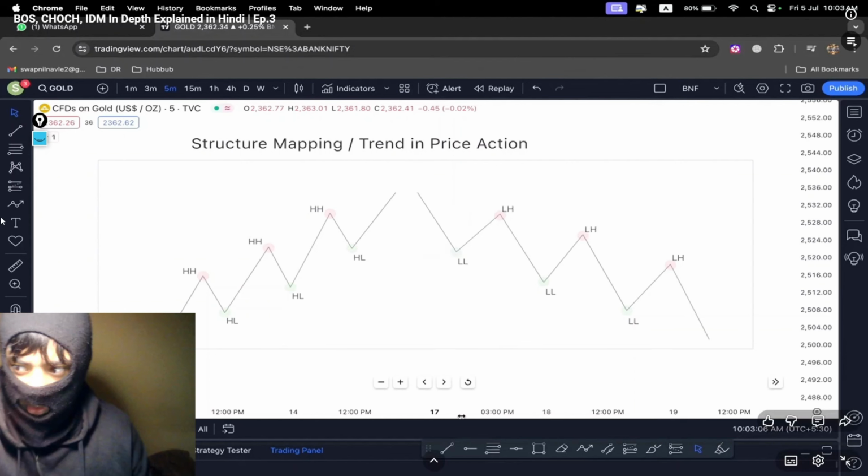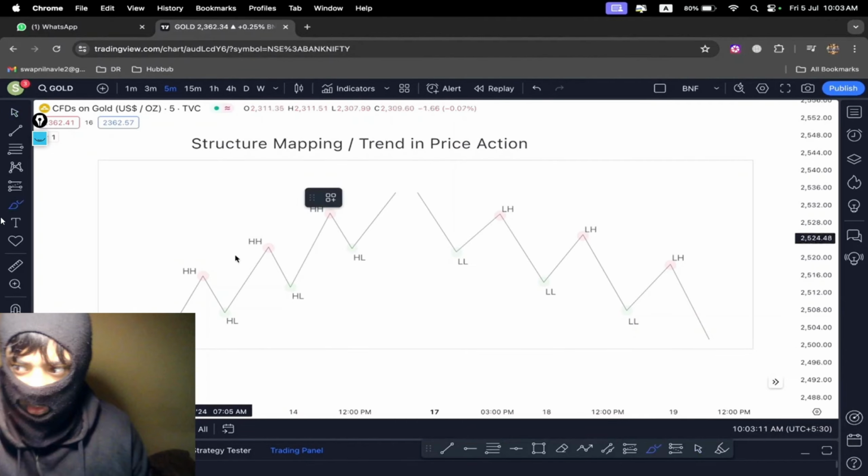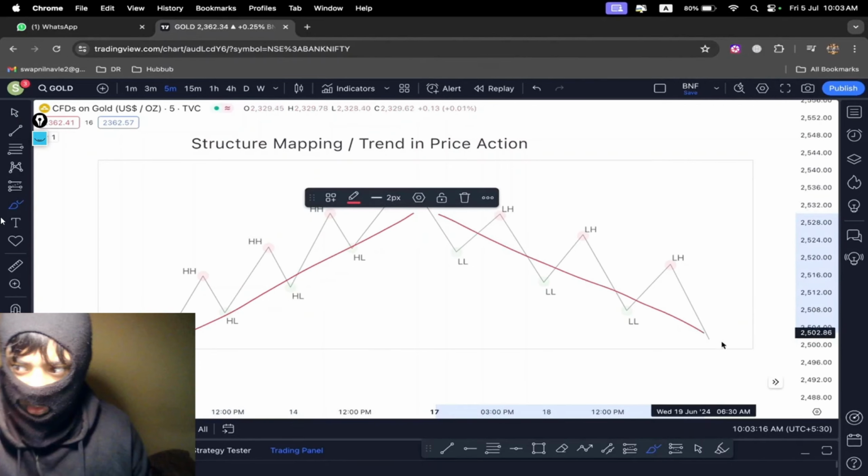Even if you are a price action trader, or whatever kind of trader, you have to understand what the market trend is right now. You have to look at whether the market is in an uptrend or downtrend.